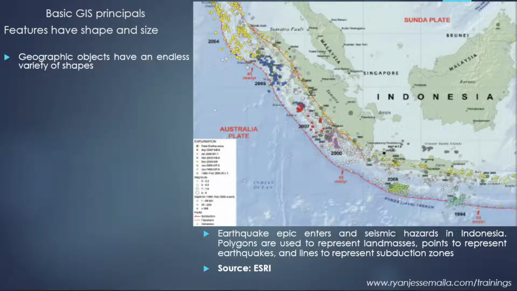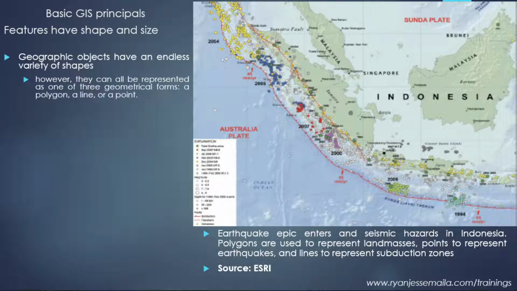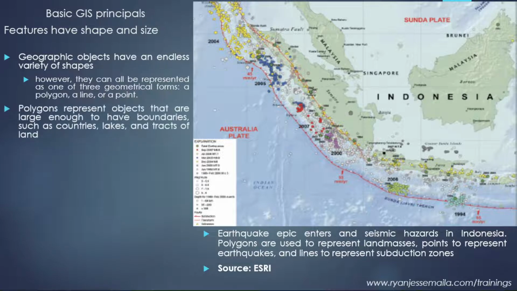Geographic objects have an endless variety of shapes. However, they can all be represented as one of three geometrical forms: a polygon, a line, or a point. Polygons may represent objects that are large enough to have boundaries, such as countries, lakes, and tracts of land.